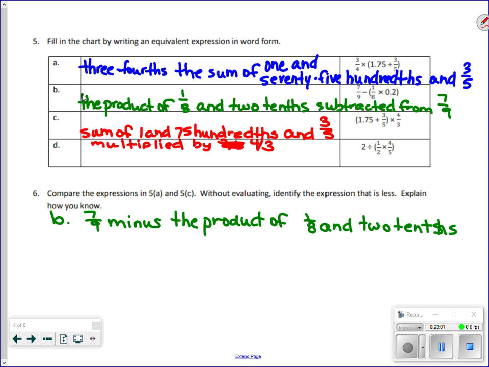And then B. Kylie. Okay, I'm going to change one little thing. The product of.